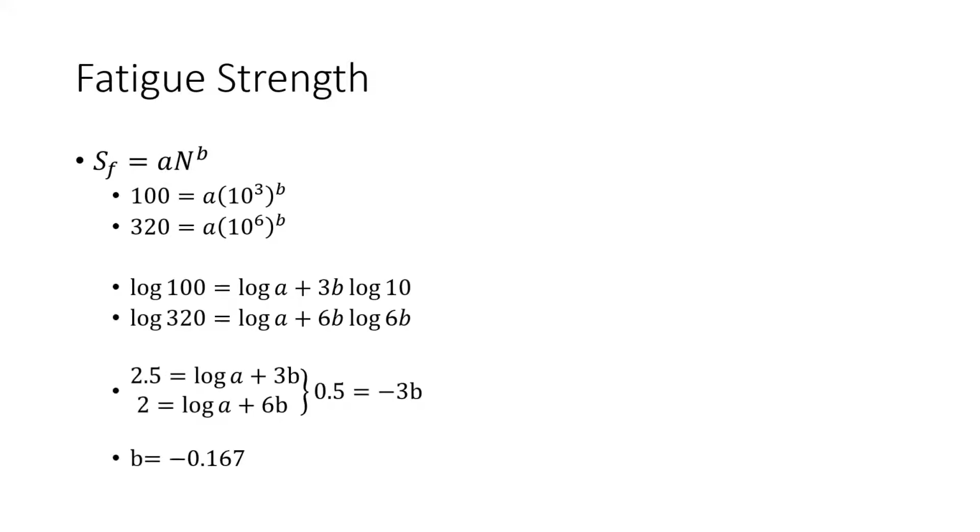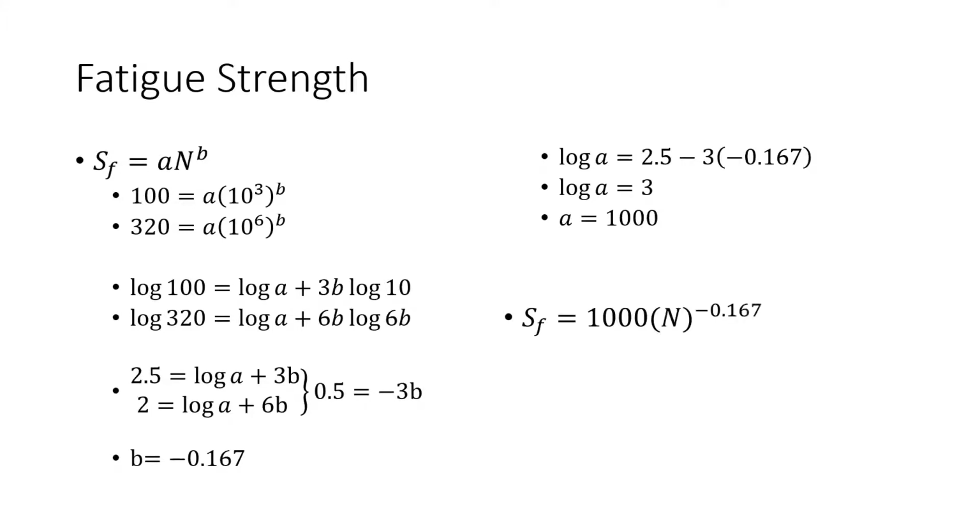When we solved the 2 equations, we found A to be 1000 and B to be minus 0.167. Thus, we obtain the formula relating the number of stress cycles with fatigue strength. We plug in 10^5 as N into our function, and we find the fatigue strength.